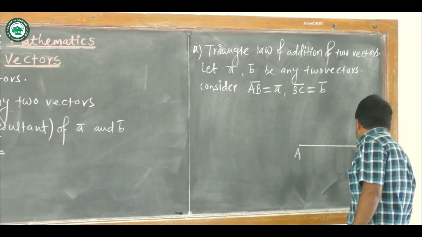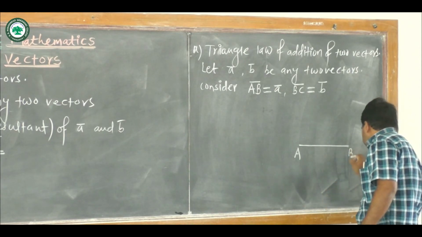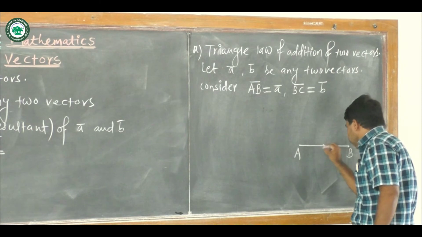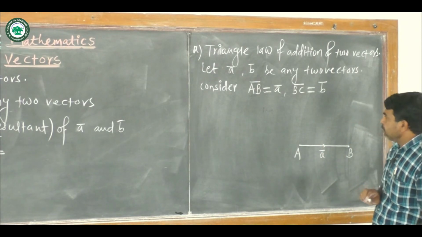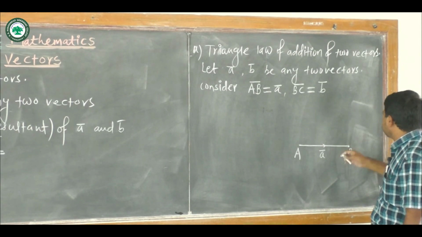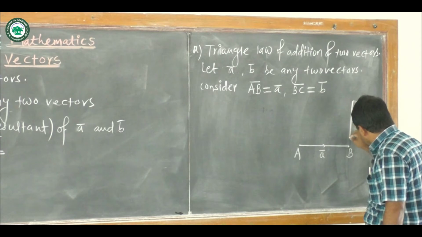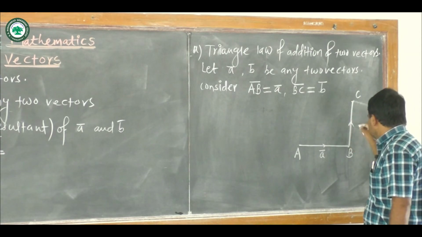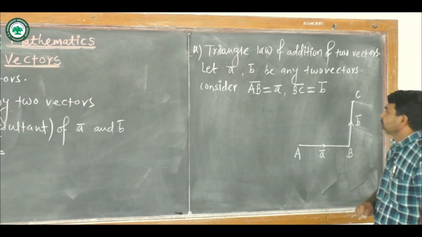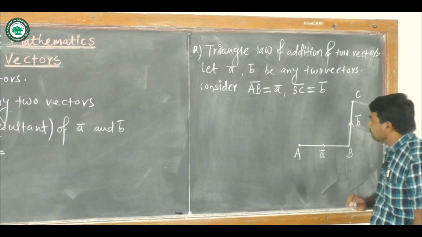See here, this is A, this is B, so this is AB bar, it means that this vector is A bar, and we have another vector BC bar. This is point C, so this BC bar is B bar. So we have these two vectors AB bar and BC bar.